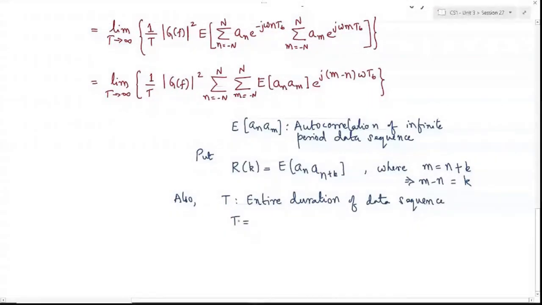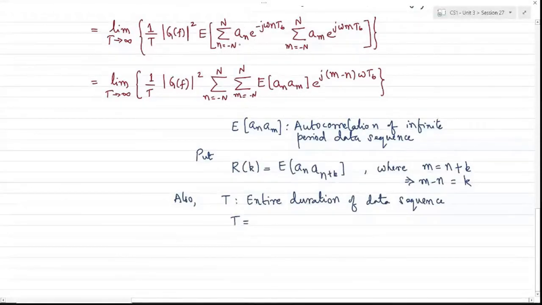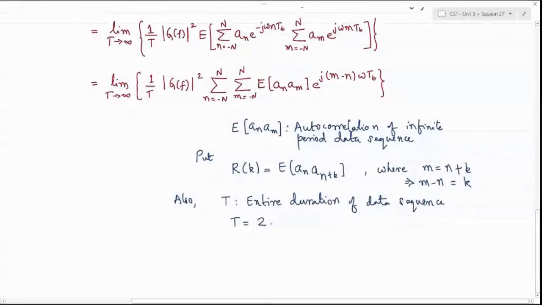So how many discrete values should be there here? Minus N to N will give you 2 times N plus 1 quantities.